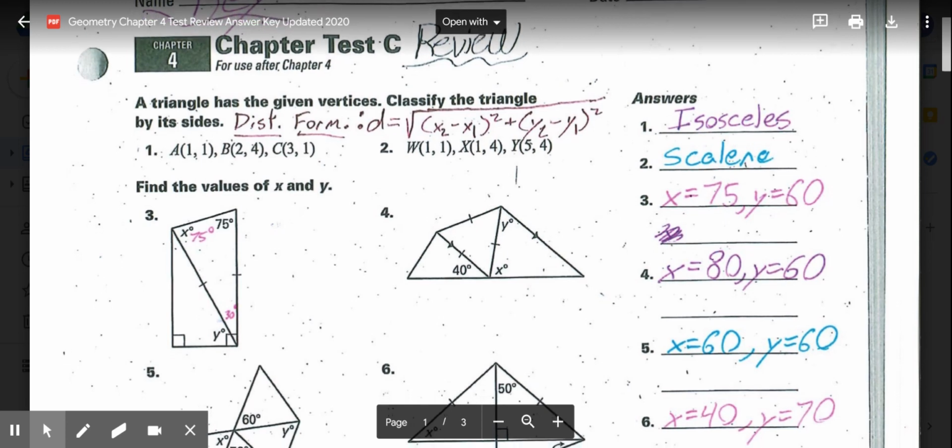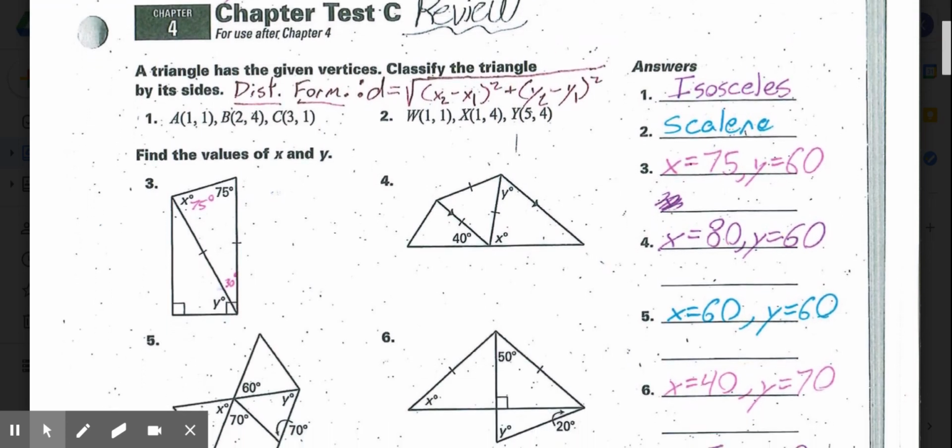Now let's move into number 4. In number 4, we know this triangle right here is an equilateral triangle because all 3 sides are congruent. So I know this angle and this angle are each 60 degrees. The 3 angles in equilaterals are always 60.